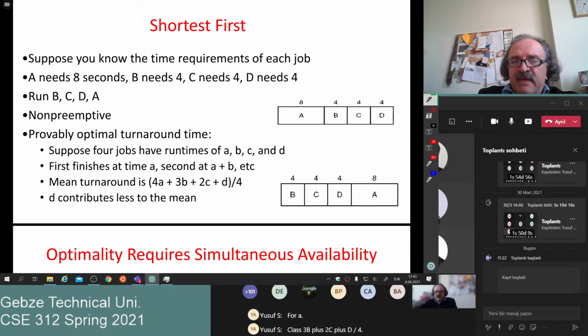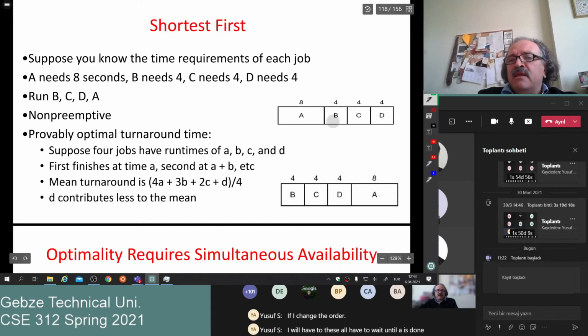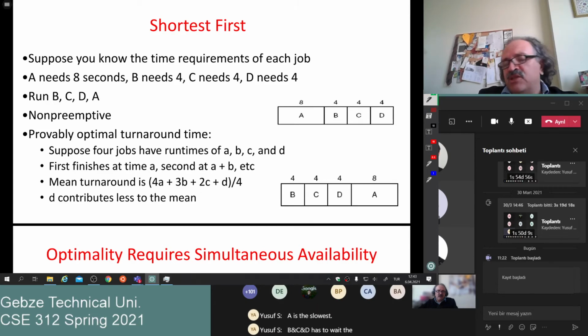If I change the order, B, C, and D all have to wait until A is done, right? A is the slowest, so B, C, and D have to wait for the slow process to finish.